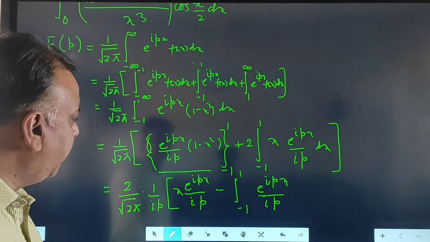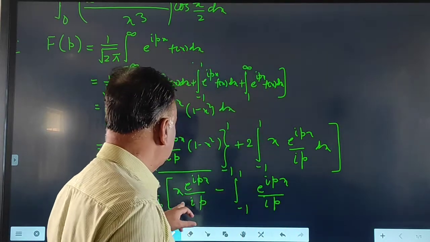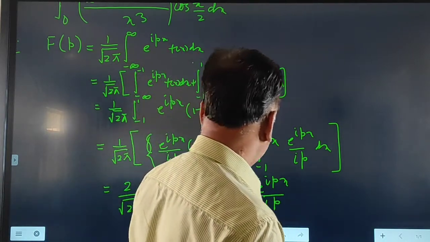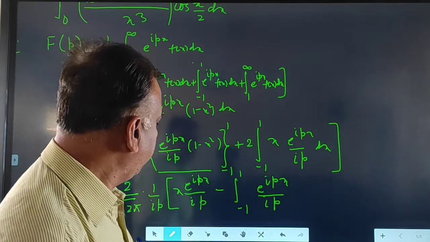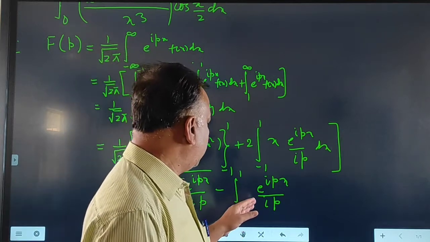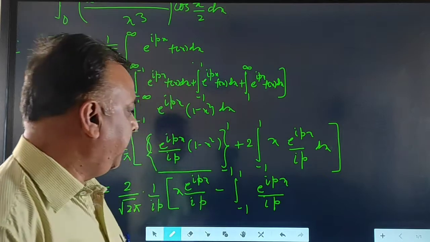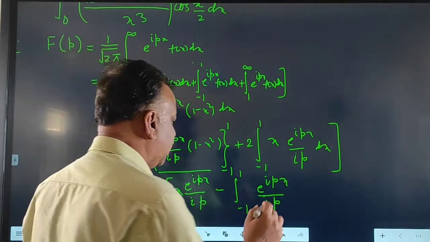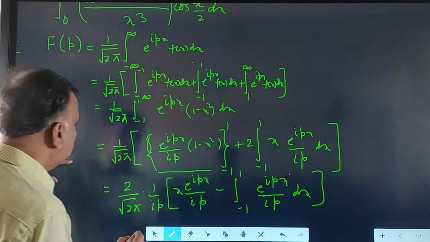So 1 upon iota p is taken outside the integral, and we have e raised to iota px upon iota p into dx.